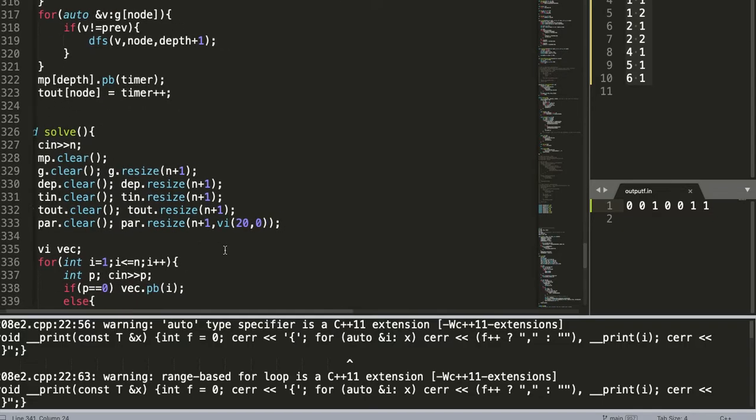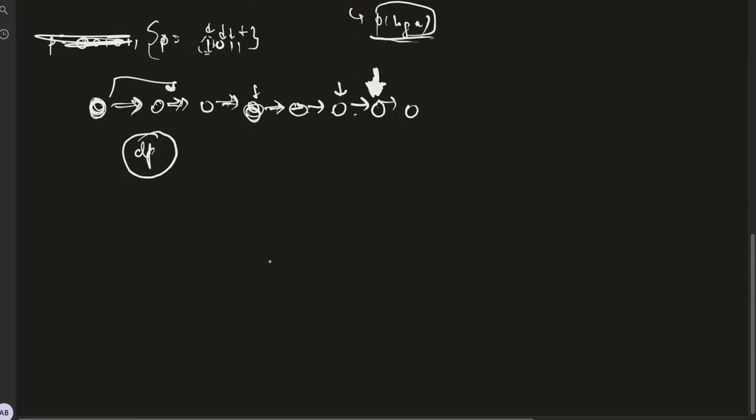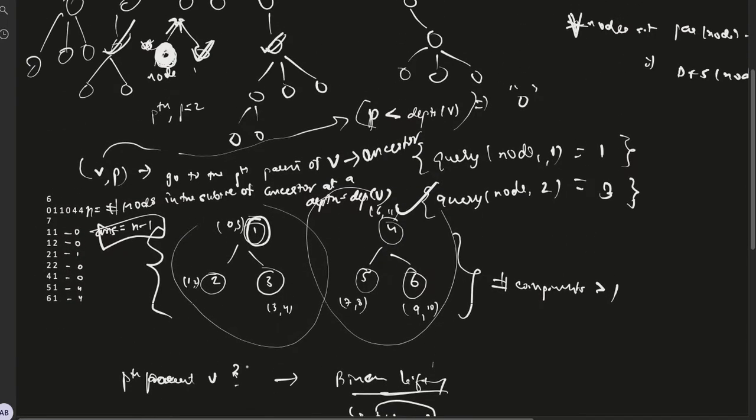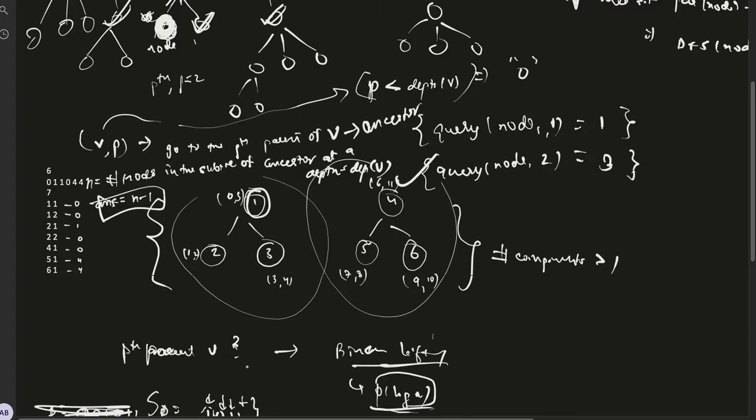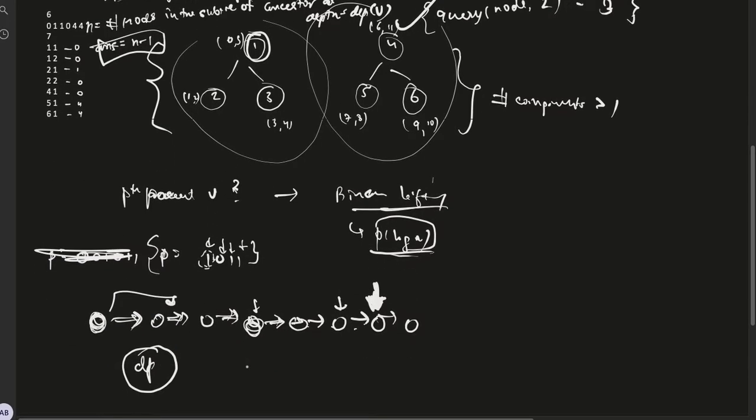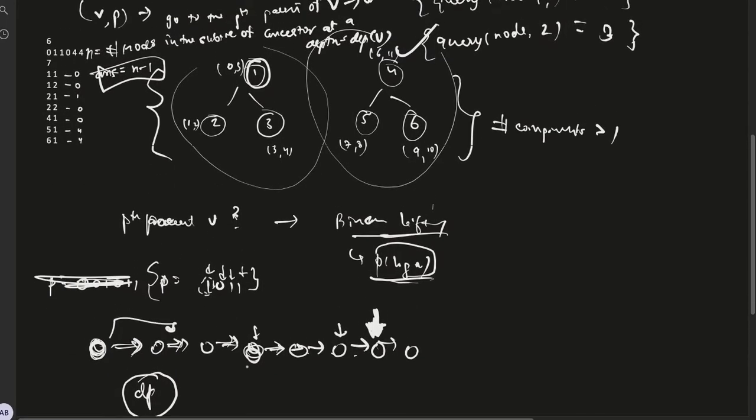One more thing that needs to be explained is how we check the number of nodes in the subtree of the ancestor at a depth equal to the depth of v.